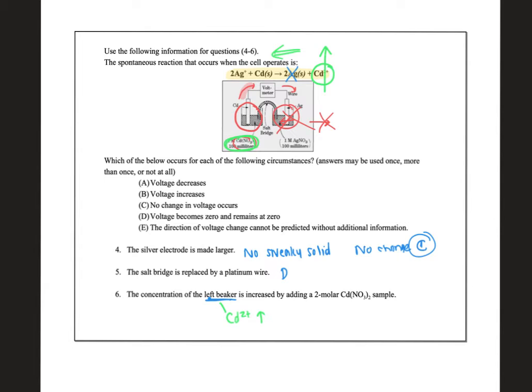Less electrons are transferring on the wire, so letter A is my best choice. Again, I think we would have been stronger if we looked at this equation instead of just saying, oh, we increase the right, or we increase the left, so more electrons must travel on the wire. And in fact, if I increase the concentration of cadmium, we're actually going to get less electrons on the wire. Or excuse me, cadmium ion, cadmium 2+.